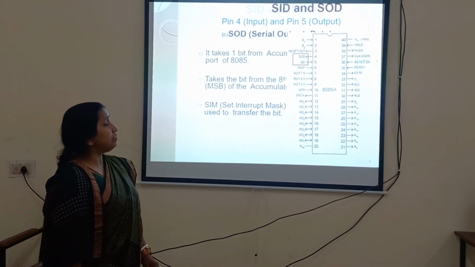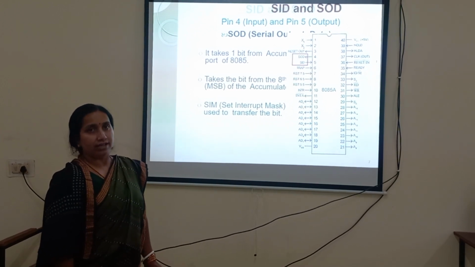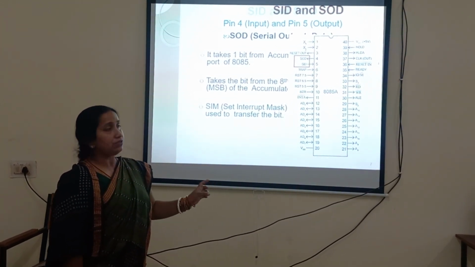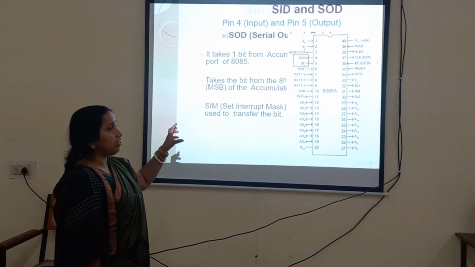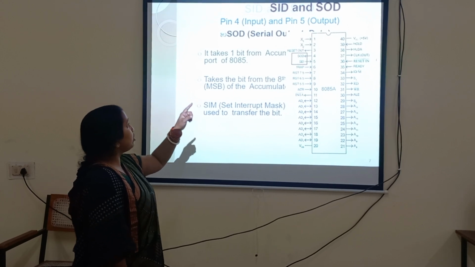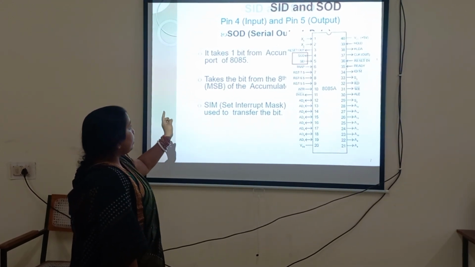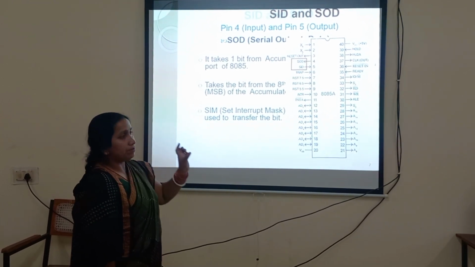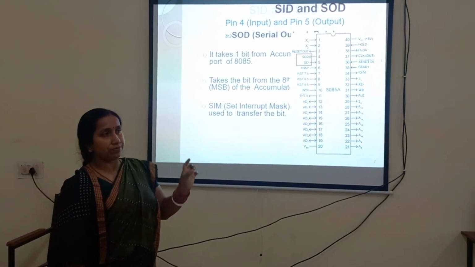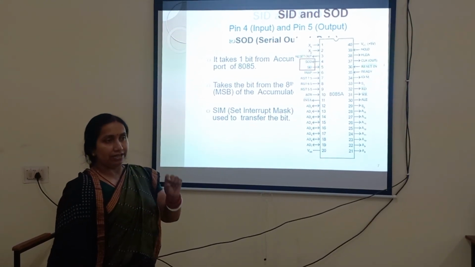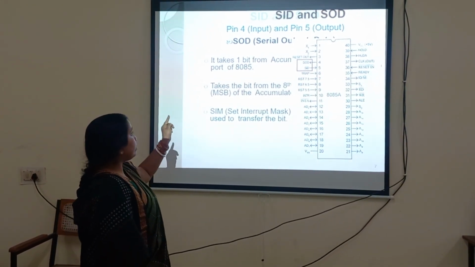And the next is SOD. SOD means serial output data. It is also used to interface the peripheral device with the microprocessor using the 8255 IC. It takes one bit from the accumulator, from the 8th bit, which is the most significant bit, MSB, and the 0th bit is the LSB, the least significant bit.